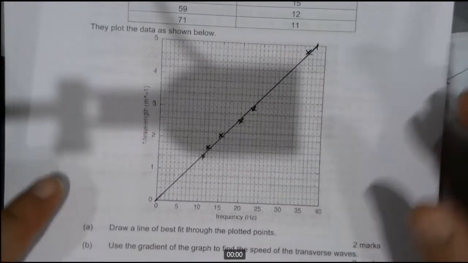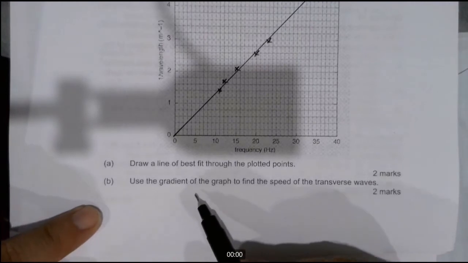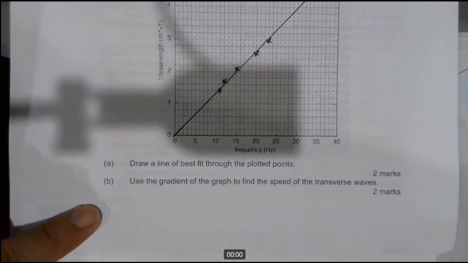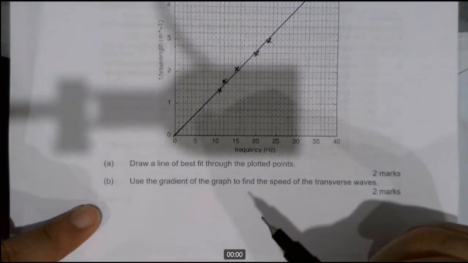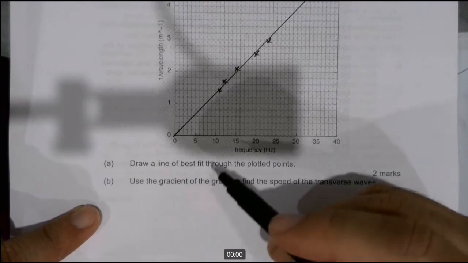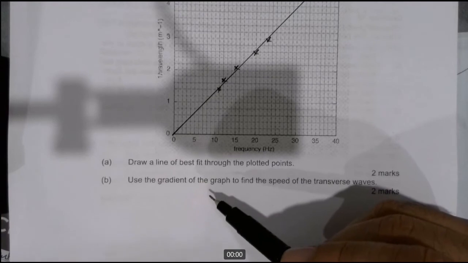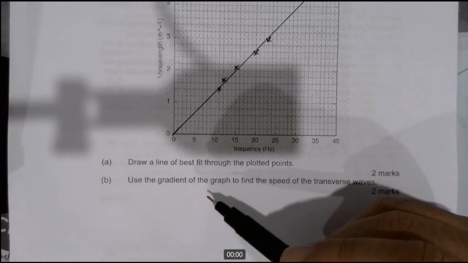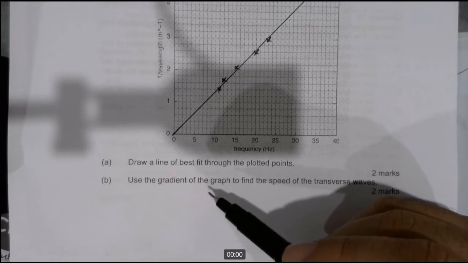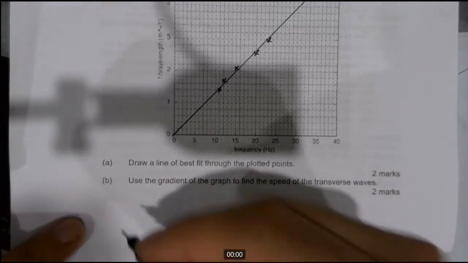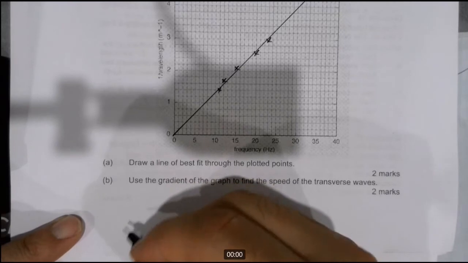So that's done. Now it says take the gradient. We've spoken a little bit about gradients in tutorials. We haven't gotten to them. We have spoken a little bit in that first step study, and we'll talk more about them next term in our next topic. But the general expression for gradient was this.